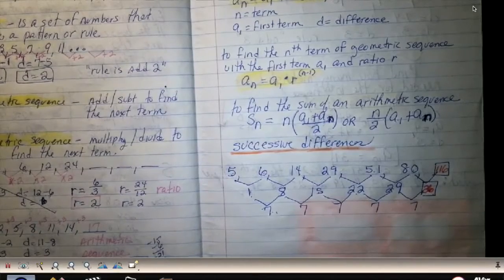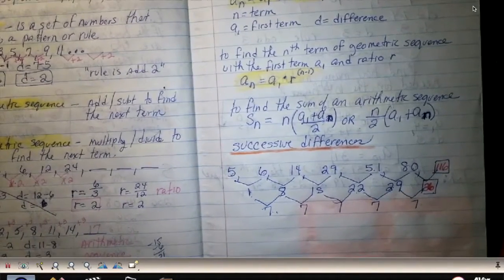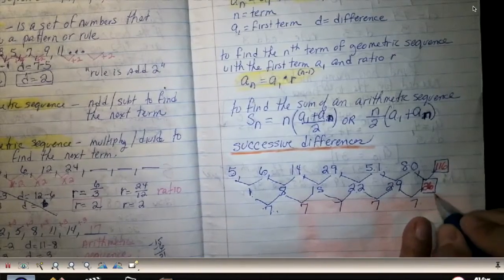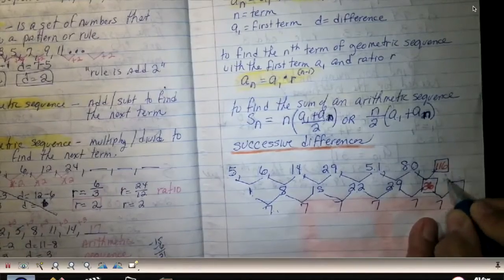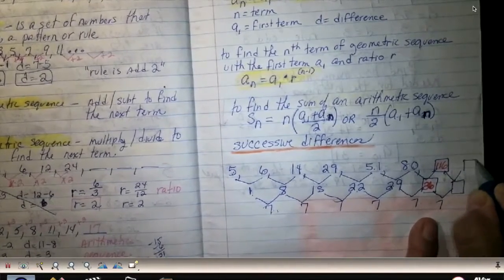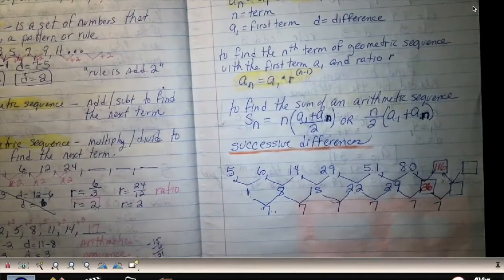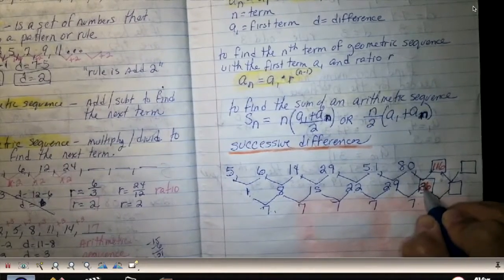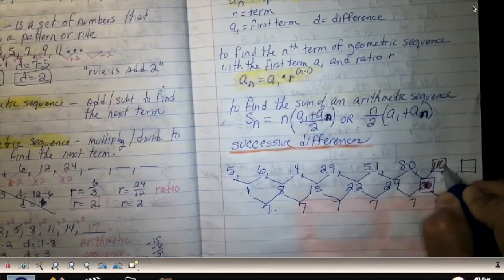I have room there for one more step. There we go. Just enough for one more. So this is a 36 and a 116.